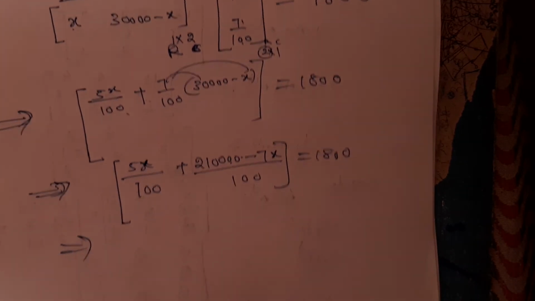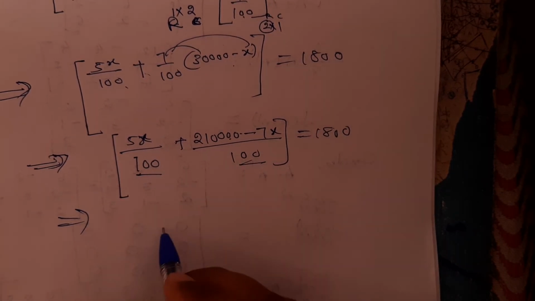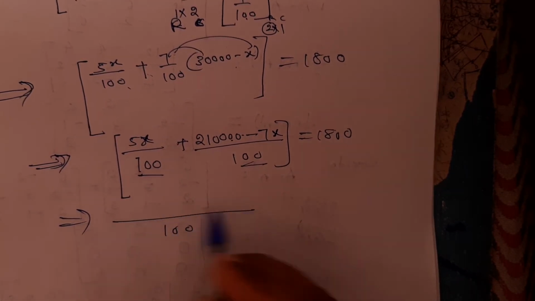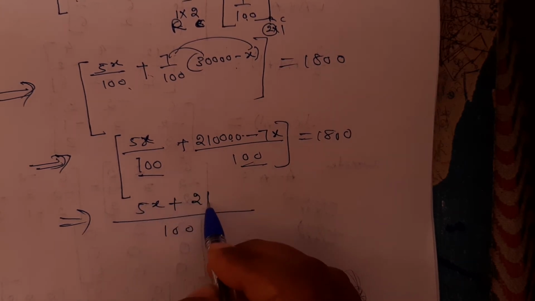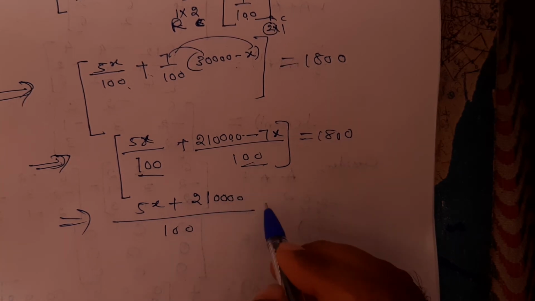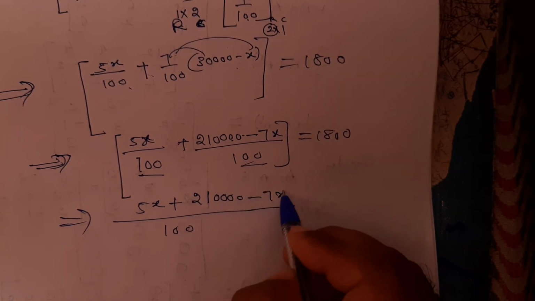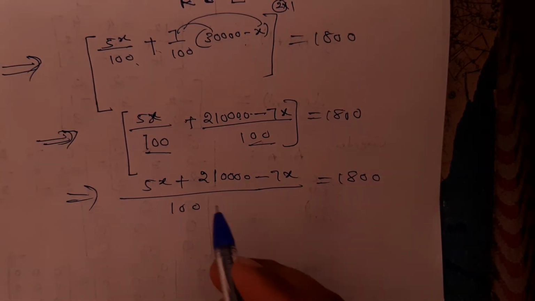So let us remove this bracket. Here 100 is there, so 100 is the LCM. So 5x plus 2,10,000 minus 7x is equal to 1800 as it is.